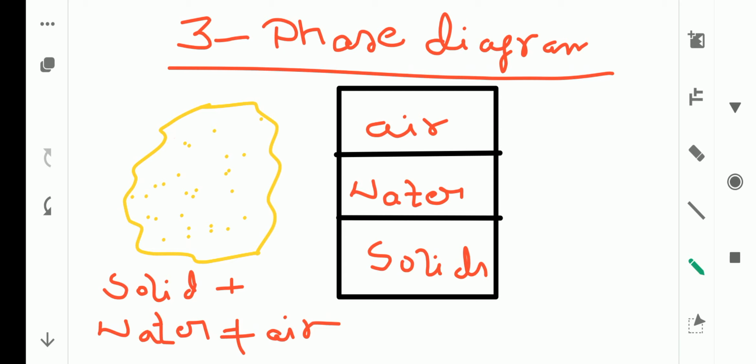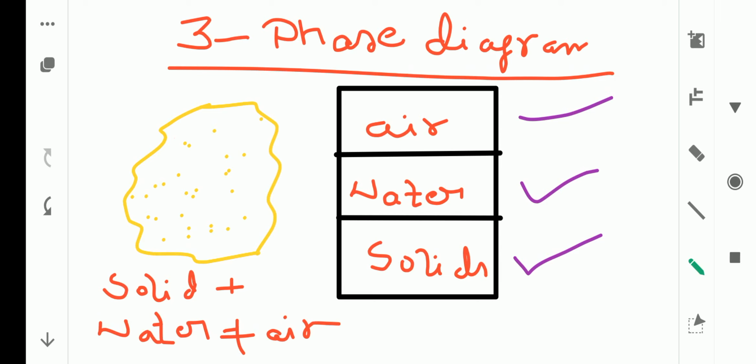So we have separated the solids and put the solids at the bottom, above it water, above it air. It is very much possible that the soil can be separated into three parts theoretically, right, as it contains these three items, right? So this is what is called three-phase diagram of soil.